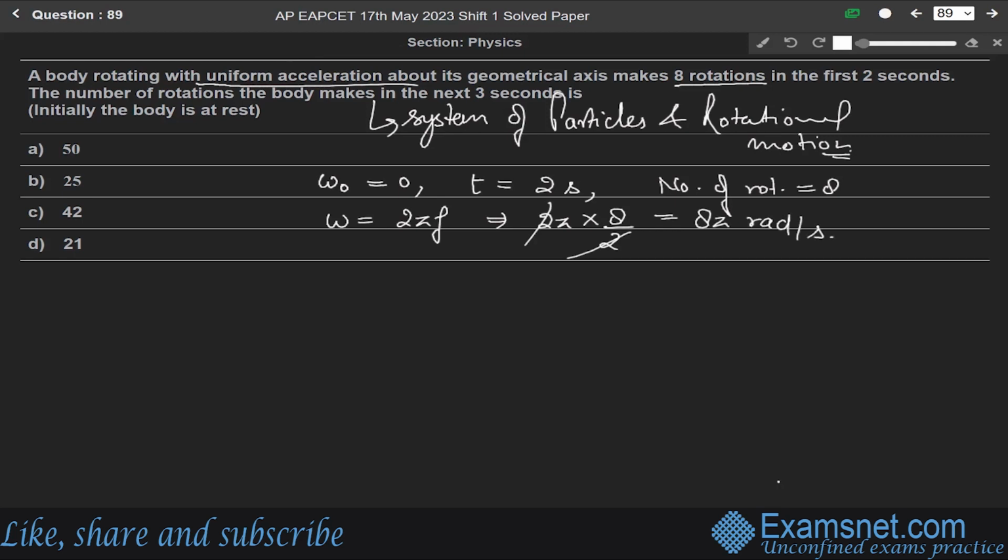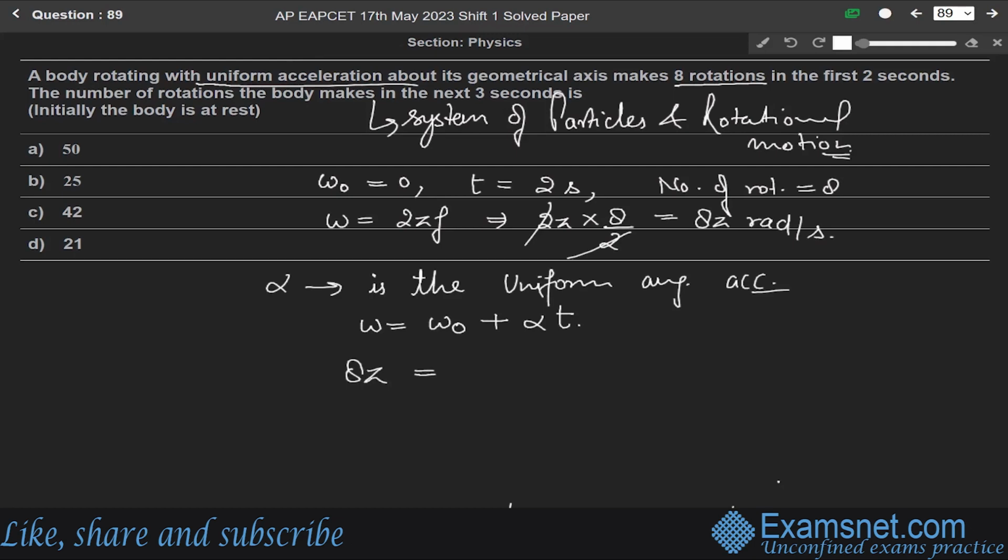Now, if alpha is the uniform angular acceleration, then omega will be equal to omega naught plus alpha into t. And omega here is 8 pi, equal to omega naught, which is 0, plus alpha into 2 seconds.